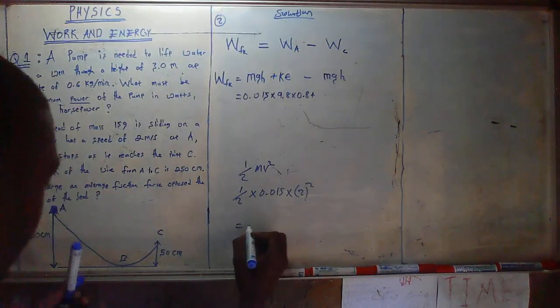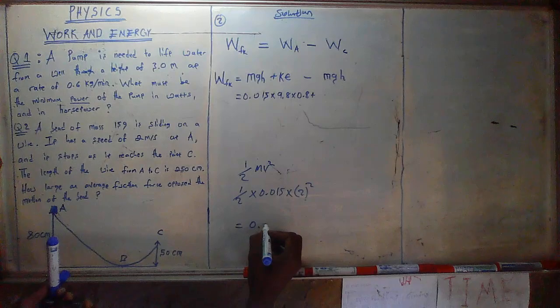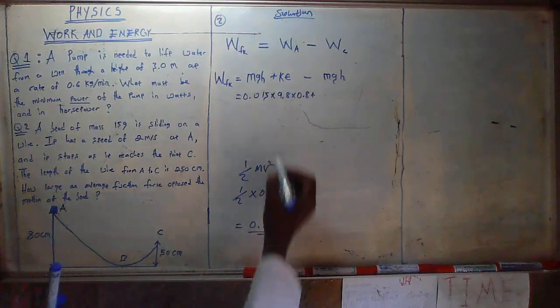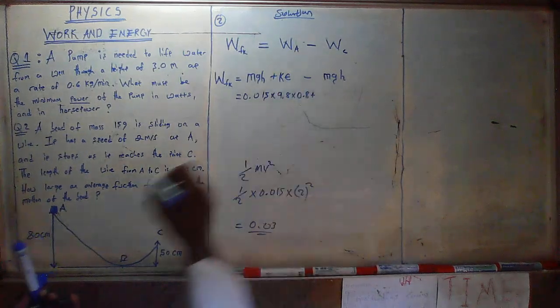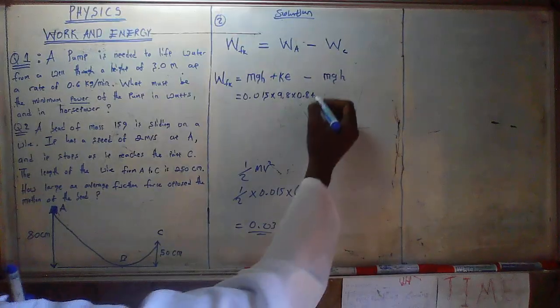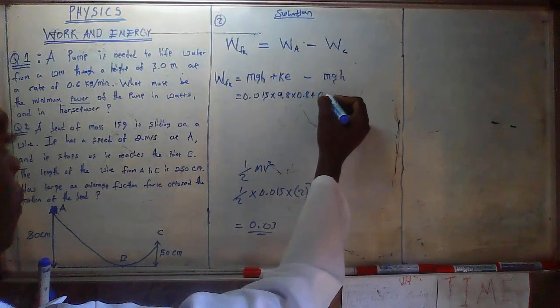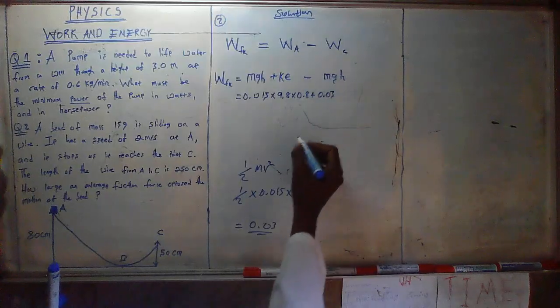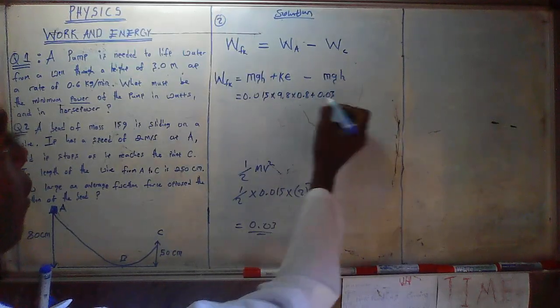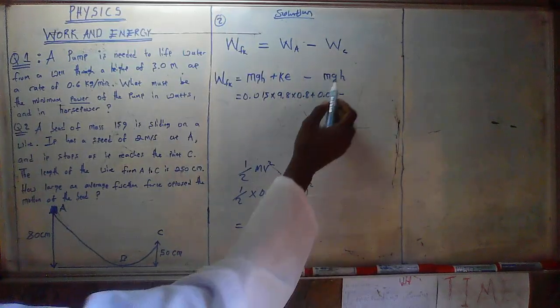Therefore, the kinetic energy is 0.03. So, since I found the kinetic energy at point A, I'll just replace it with what I've just found to be 0.03.